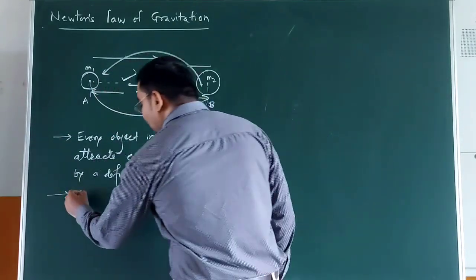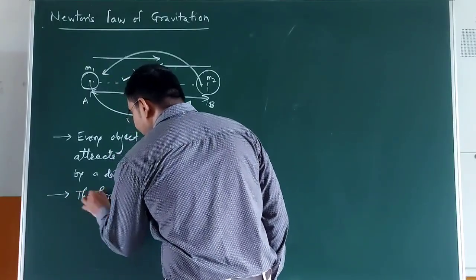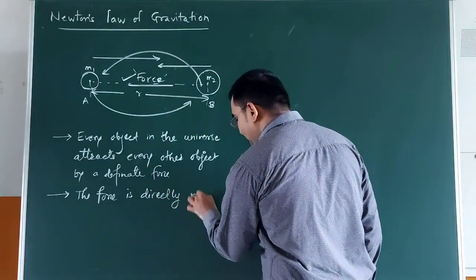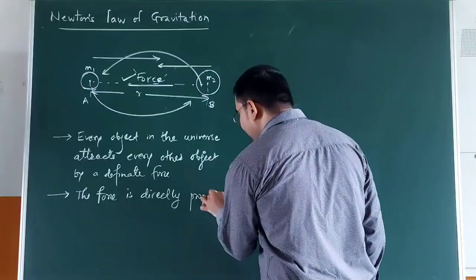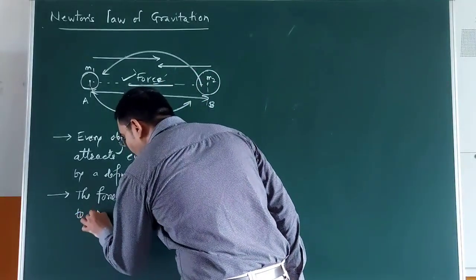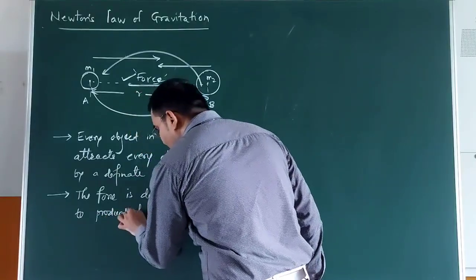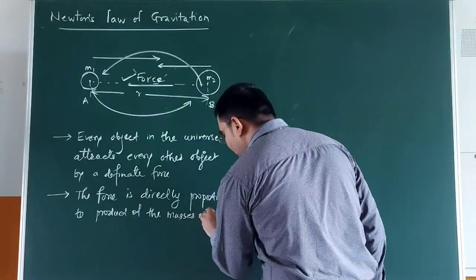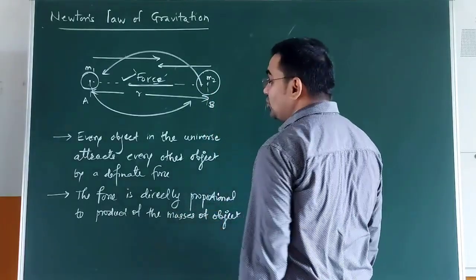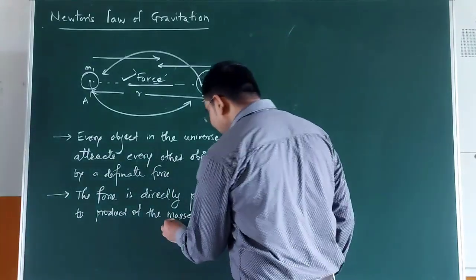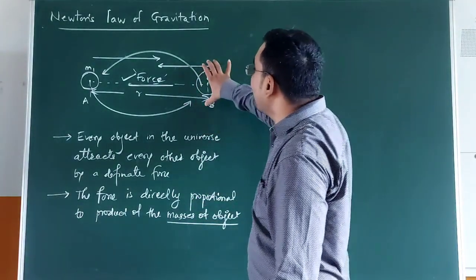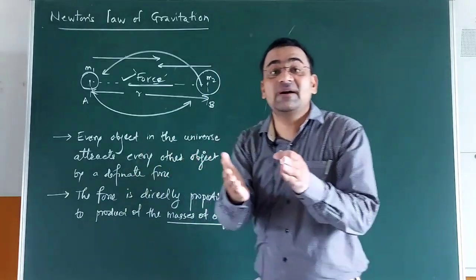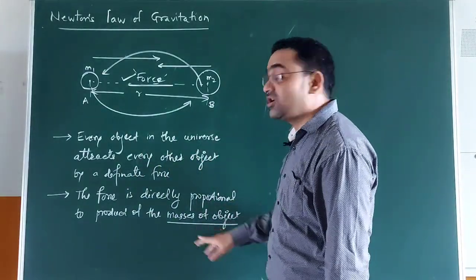Then the second part: the force is directly proportional to the product of the masses of the objects. He was very sure that if the masses of the objects increase, the force between them also increases. But how will it increase? It will increase in proportion to the product of their masses.